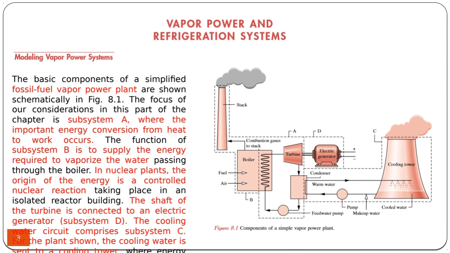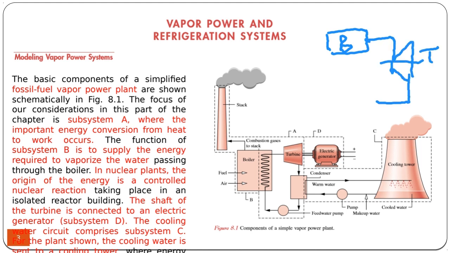Water is used in vapor power systems. In the vapor power systems, we always have 4 units, 4 members: 1 boiler, then 1 turbine, then 1 condenser, then 1 pump. So this is always what we have in a vapor power generation system.